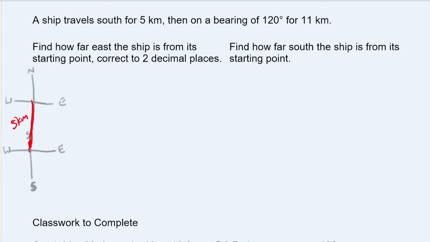Now, changing the direction, we're now going to go 120 degrees this way to a new line that is 11 kilometers. We want this to be a 120 degree angle.